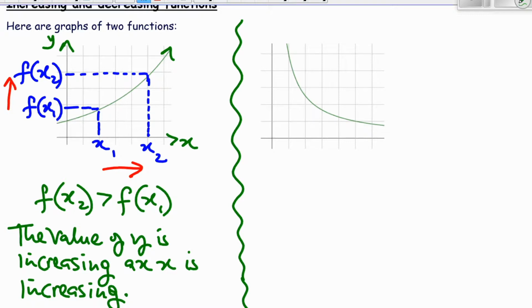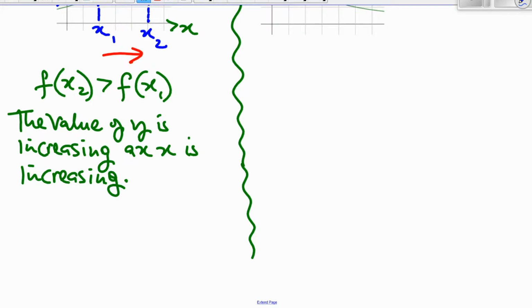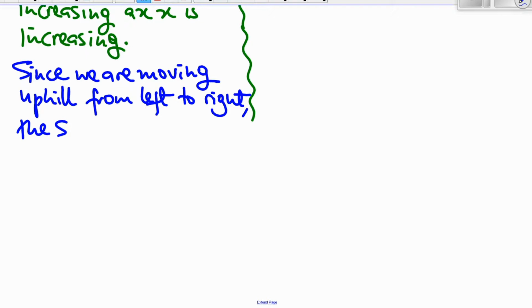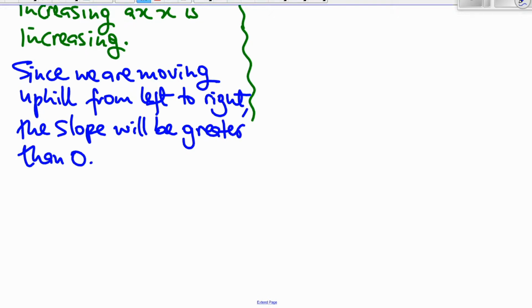So we can add that statement here and say that since we are moving uphill, and this is from left to right, the slope will be greater than 0, which makes sense. It's because we are moving uphill.